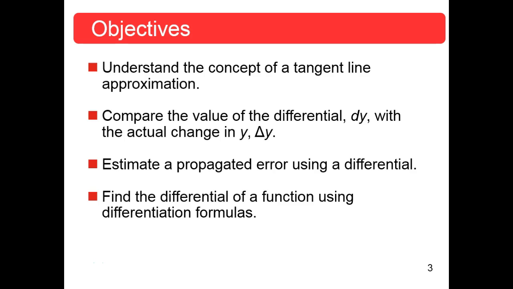That is a clue of what a differential is. Obviously, they have to define it first. We'll estimate the propagated error using a differential as opposed to the actual change of y, and we'll find the differential of a function using differentiation formulas. You'll see derivatives and differentials are closer than first cousins. They're almost the same thing.